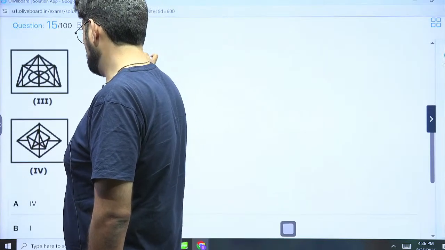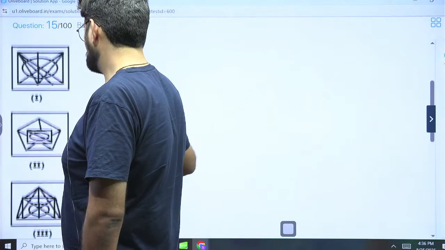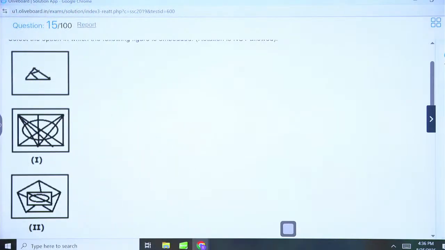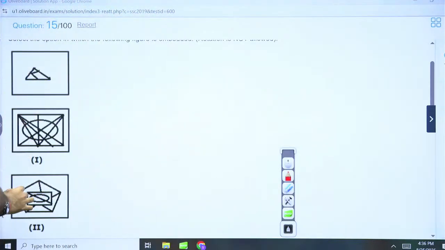Is it in the fourth figure? It's not here definitely.